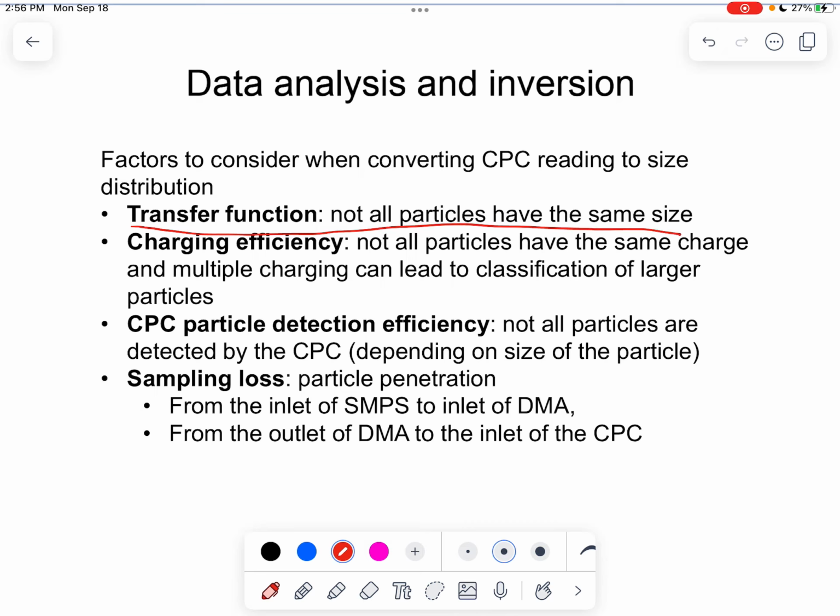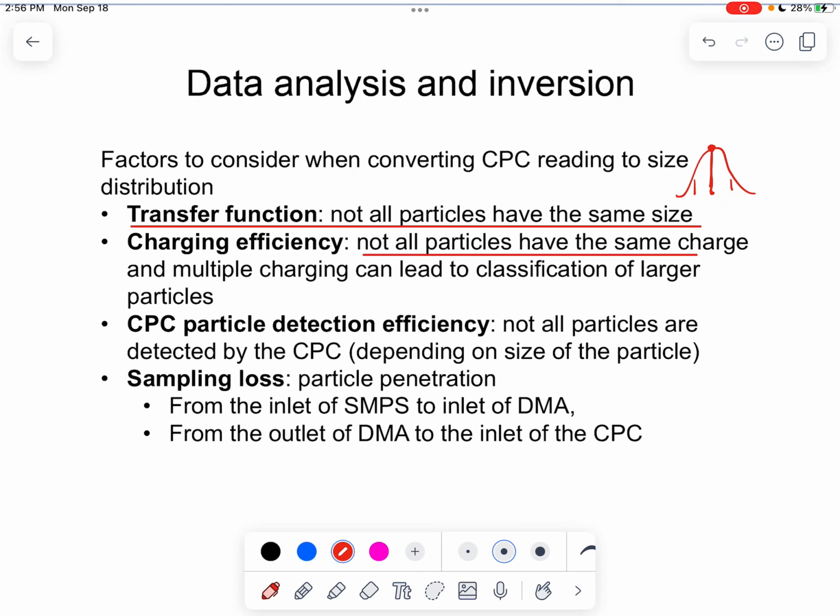First, the transfer function. So we saw from the transfer function that not all of the particles with the same sizes are being classified, right? There's always some particles with different sizes getting classified by the DMA. So then how do we find out the size distribution at this specific centroid electrical mobility?